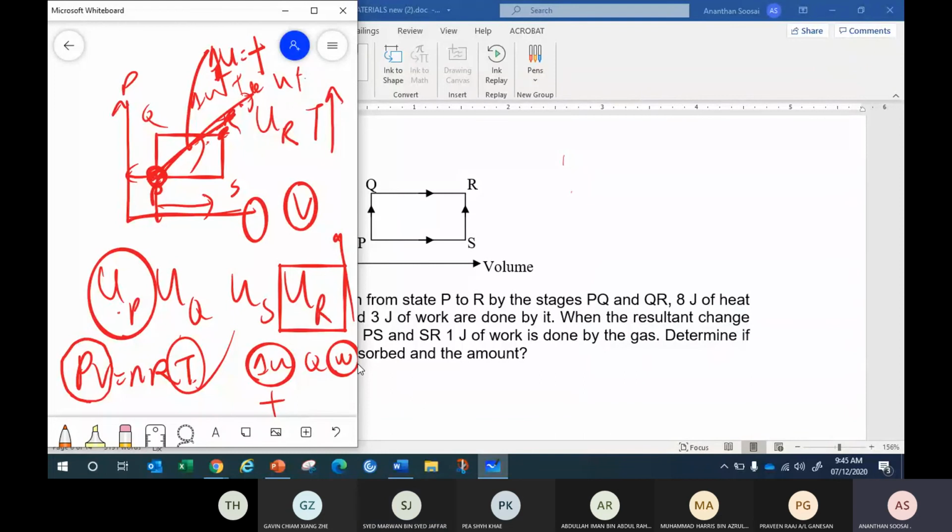Volume increases, so you expand, and work is going to be negative. From here you can predict the third one using the first law. Change of U is positive, work is negative, so Q must be a big positive. This is how you predict the third one.